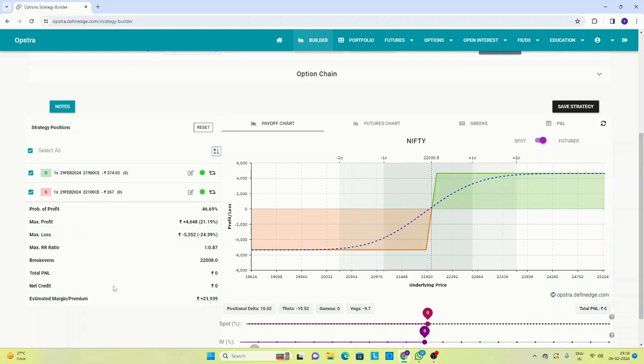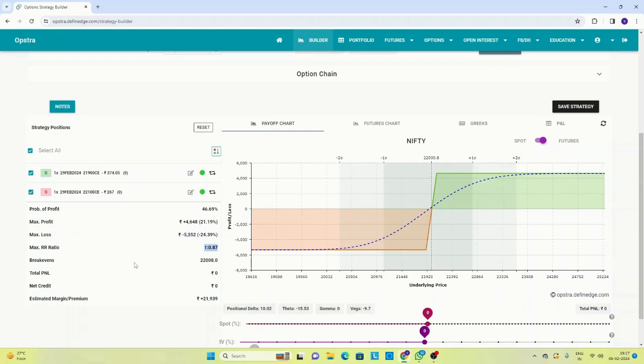Now, if the view goes right, the maximum profit is 4,648. We understood how to calculate the maximum profit from the worksheet. If the view goes wrong, the maximum loss is 5,352 per lot. So what is the risk reward ratio?